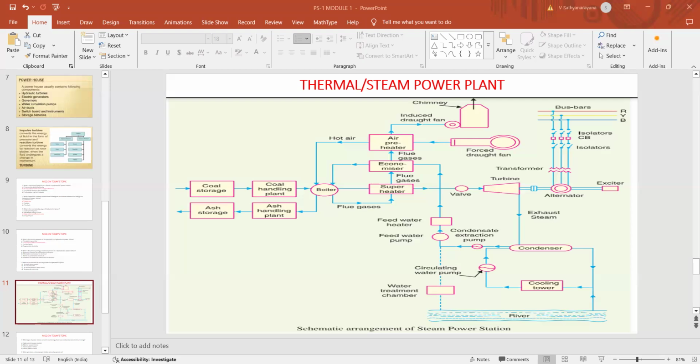This pulverized coal, where should it be going? These small pieces of coal are fed to what is the next box? Boiler. Right. There are certain belt conveyors. Through these belt conveyors, we send this pulverized coal to the boiler. So the coal is then burnt in the boiler. What is the purpose of the boiler?